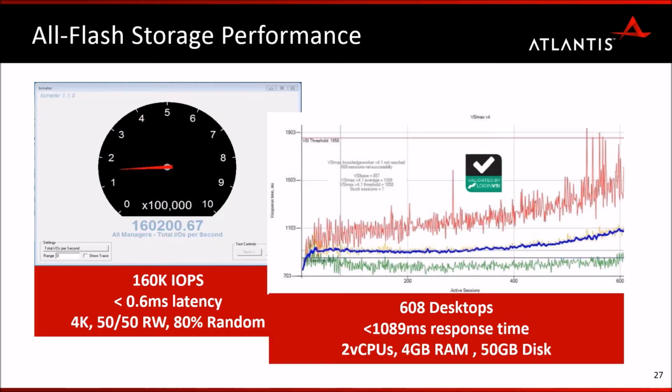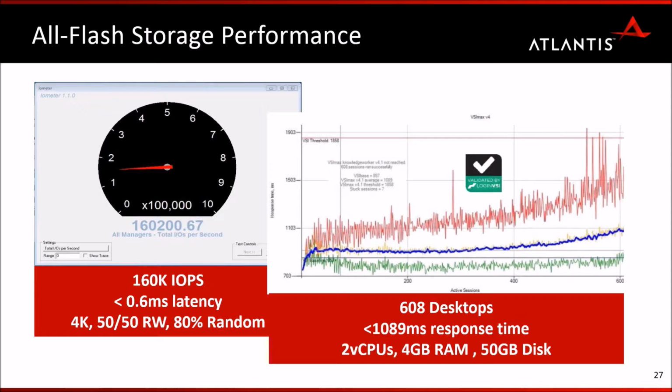Knowledge Worker in Login VSI costs about 2 vCPUs, 4 GB of RAM, and 50 GB of hard disk, which is a pretty significant amount of desktop capability. Those were running on the Hyperscale appliances with excellent performance and response times. That gives you a sense of what the performance looks like when you have an all-flash backed system with the data reduction and deduplication technology that Atlantis Hyperscale brings.